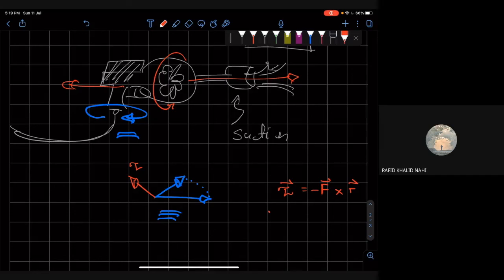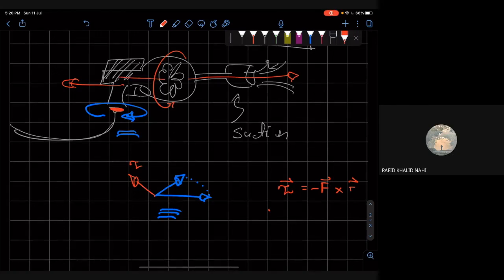Okay, so now the point from which you are rotating is this point, right? And this is going to be, roughly speaking, R. So if your torque is going to be in that direction, and your R is in that direction, then they make a plane, right?